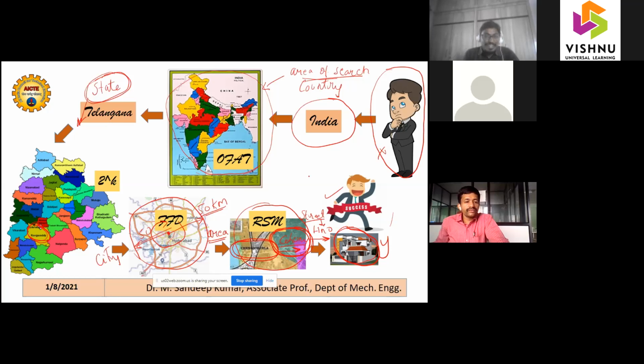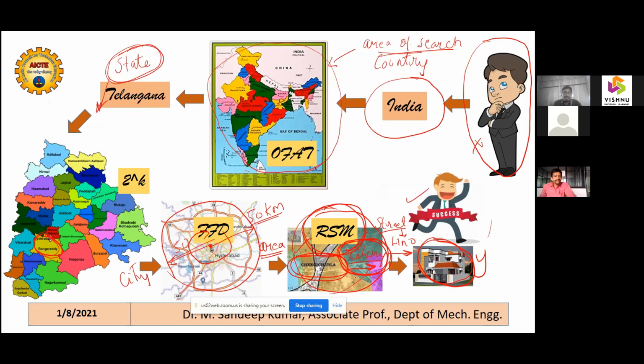This narrowed down area, maybe the area or the colony, I call it RSM. Response surface methodology works very beautifully when you are very certain that the area of search you constrained is exact.